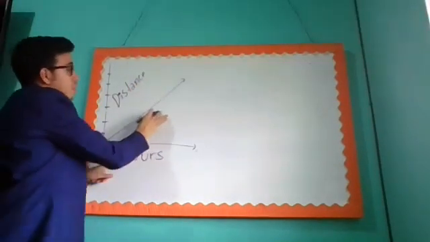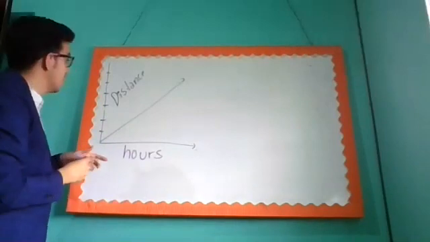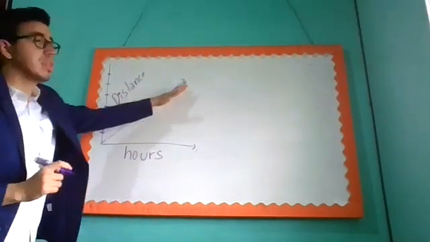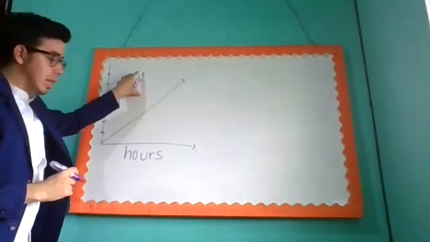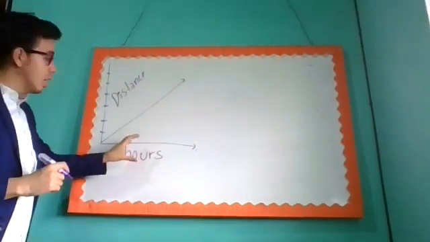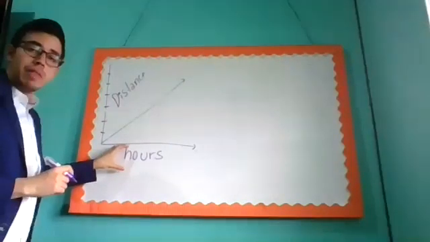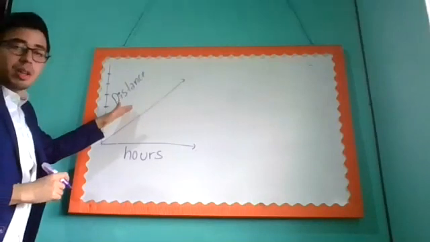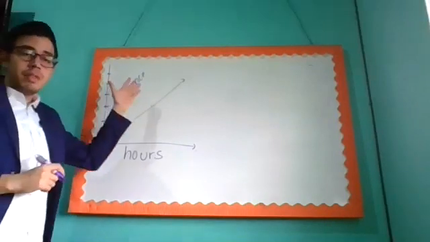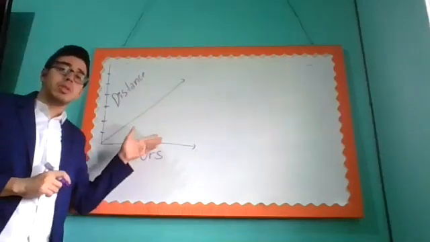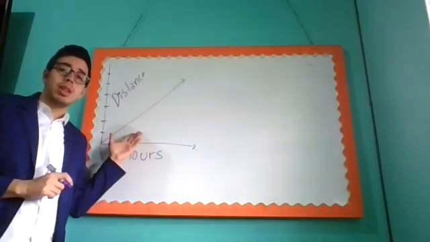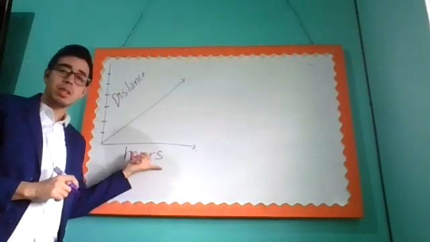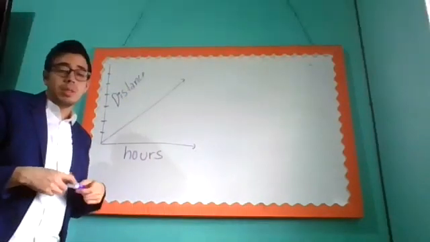Because you are moving using the two axes, you move in y and you move in x. So when you move in this way, you are taking a distance in a certain number of hours. That's the reason why when the car moves, it's measured in, for example, miles per hour or kilometers per hour, because you are representing the distance in the vertical one and the number of hours in the horizontal. This is to understand this flow.